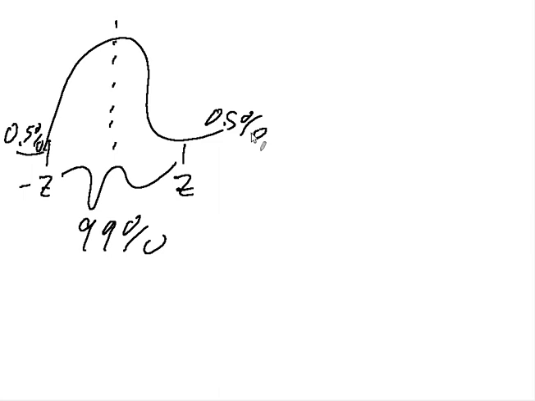So in particular, it has probability 99.5% of falling below z standard deviations above the mean.